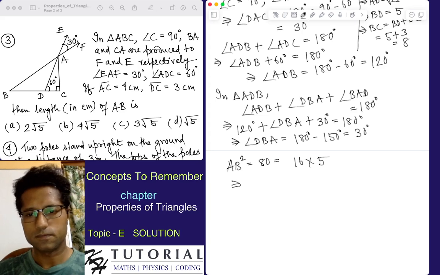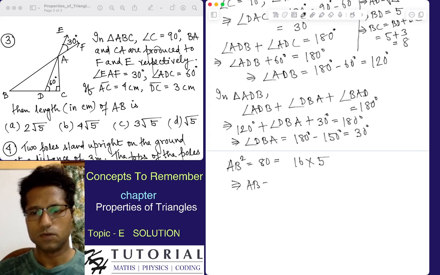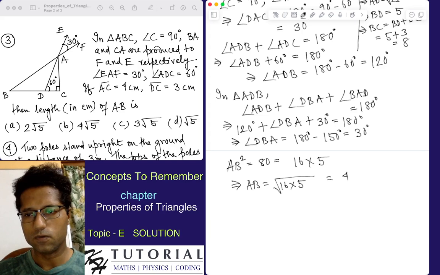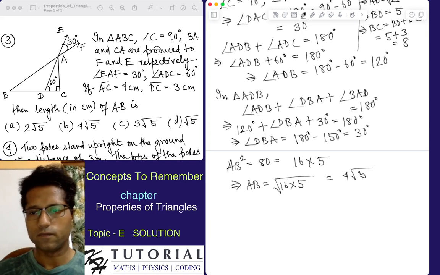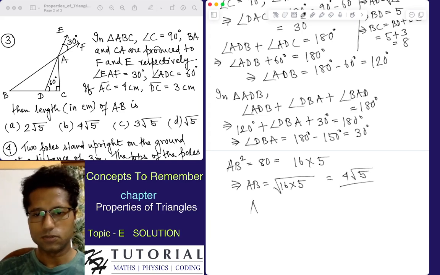This implies AB is equal to root over 16 into 5. This is equal to 4 root 5. So the correct choice is B.